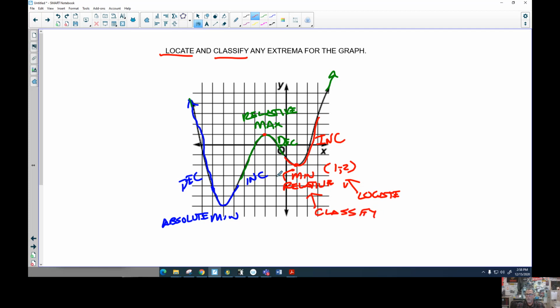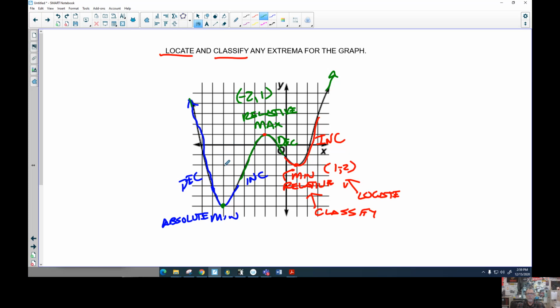Classifying means two things, relative or absolute, max or min. So if we go back and do these others, this one located is -2, 1. So -2, 1, it's a relative max. So we've located, classified.